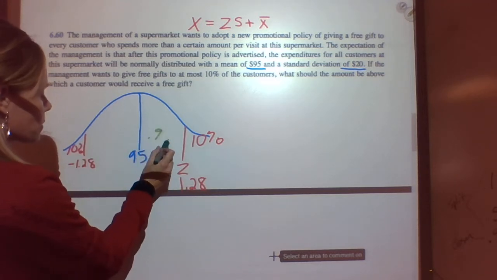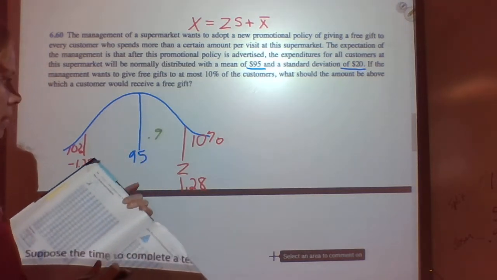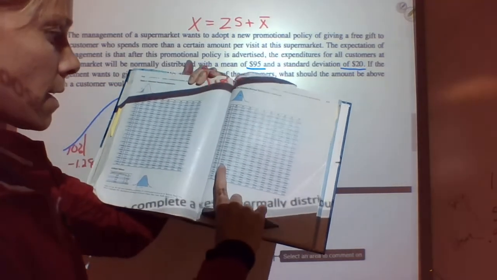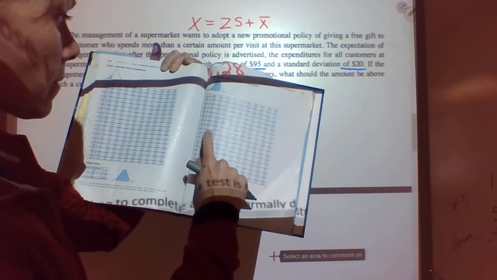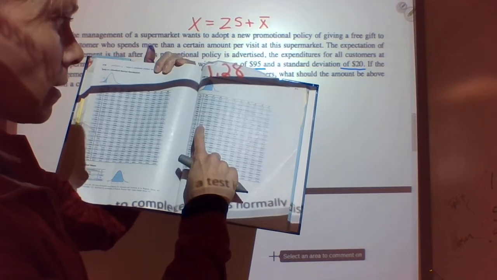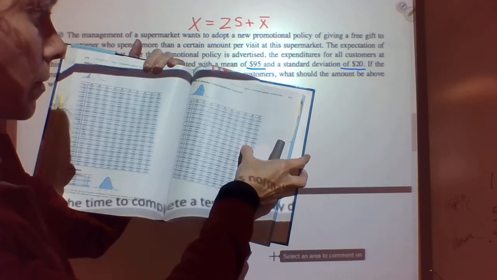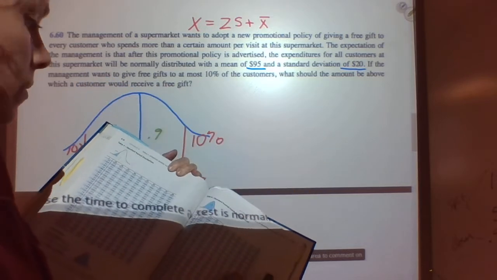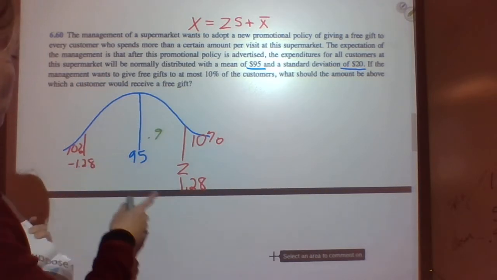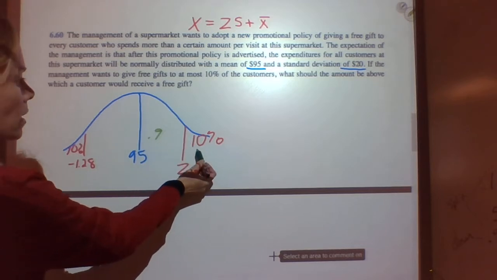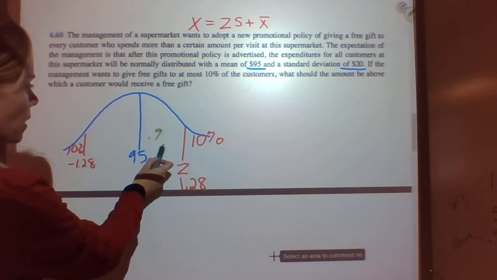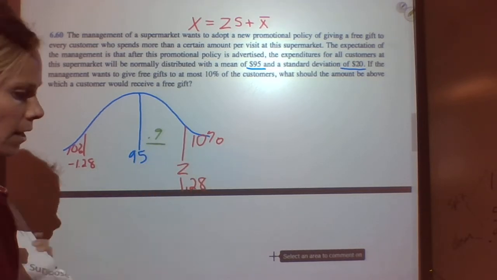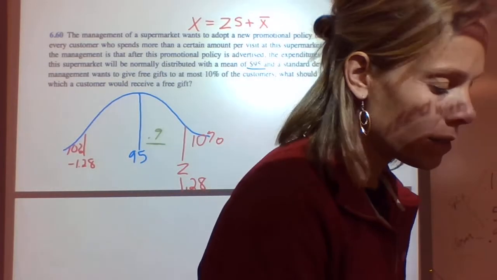This is 90%, right? So I could also have looked up 0.9, and right here is the closest. And that again is 1.28 is the closest. Okay, so either way, you can do it by the opposite, or if you know this is 10, this has to be 90.